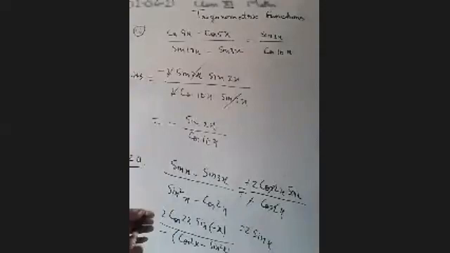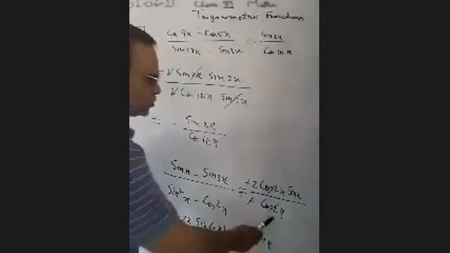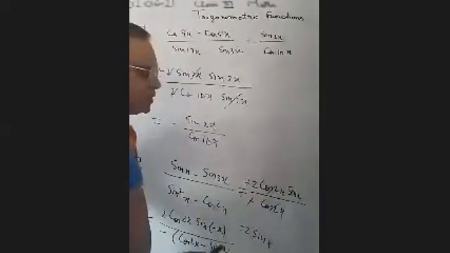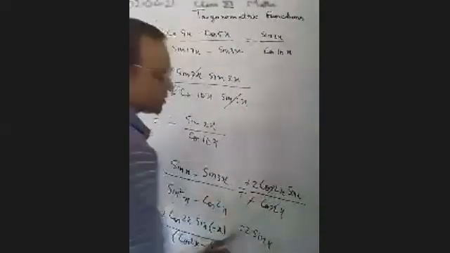There were three formulas of cos 2x: one was cos square x minus sin square x, one was 1 minus 2 sin square x, and 2 cos square x minus 1. So we have used cos square x minus sin square x equal to cos 2x. The cos 2x and cos 2x we have cancelled, then we get the answer 2 sin x.